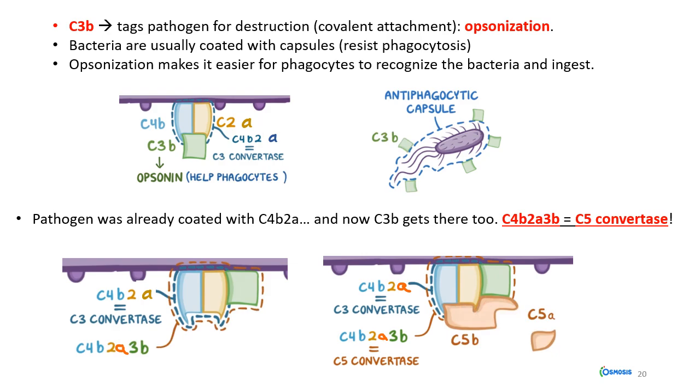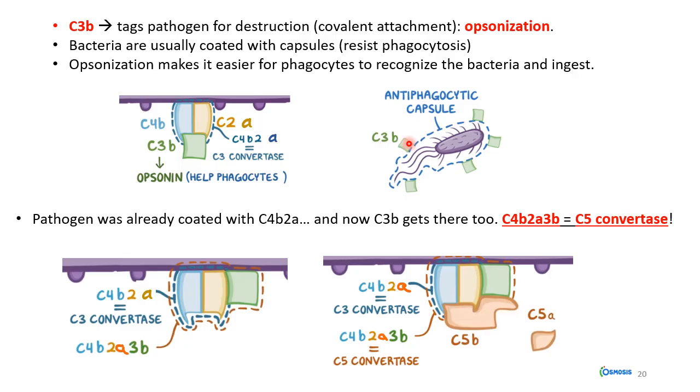So once your pathogen is tagged with C3b, this process is called opsonization. And this is very important for pathogens, especially bacteria, that have a kind of gelatinous coat on top of it.